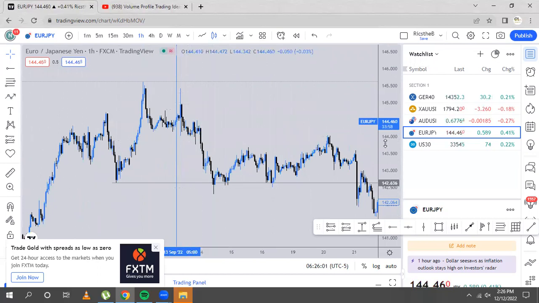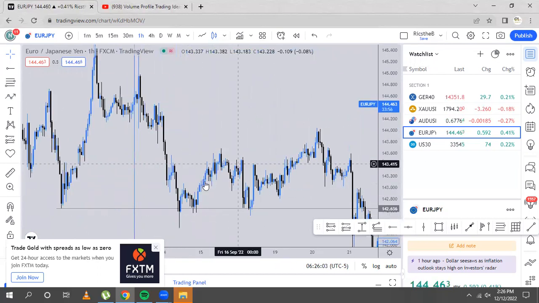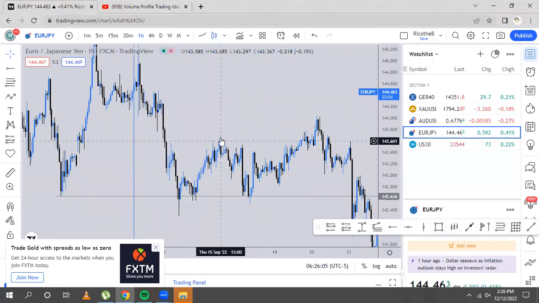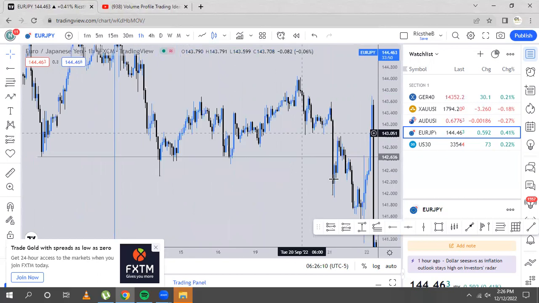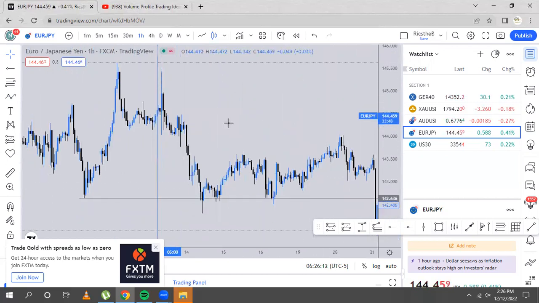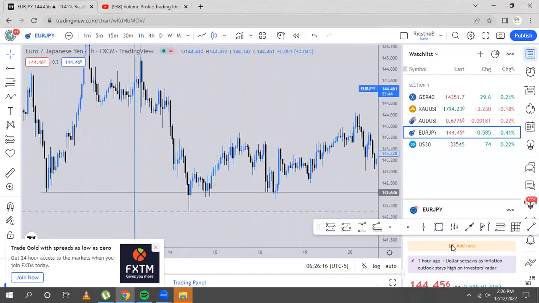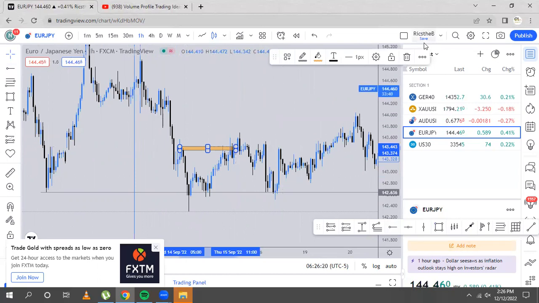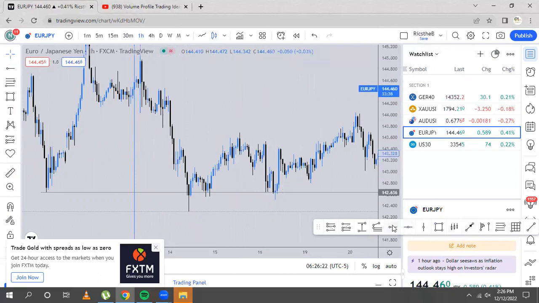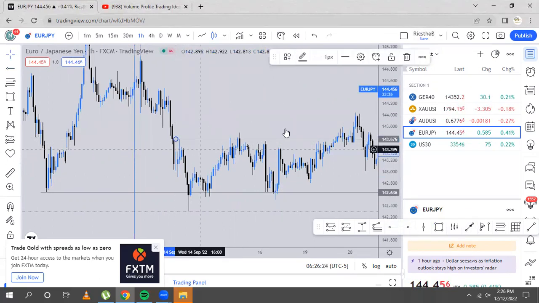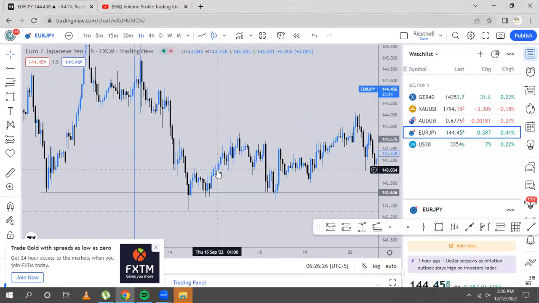Again, you can see price pushed to this level right here. Then from here we had this push, then again back to this level before we broke structure. So if we look closely, we have a swing point here, and we have this level right here that could potentially be a swing point.